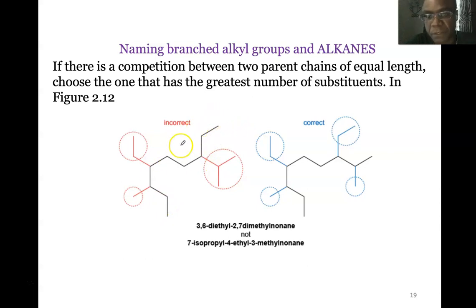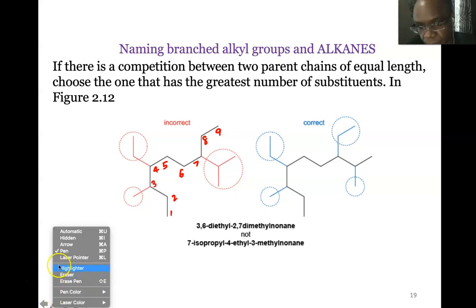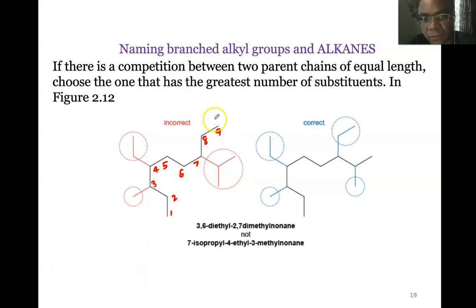So let me try and number this 1, 2, 3, 4, 5, 6, 7, 8, 9. Alternatively, you can number it from the top. 1, 2, 3, 4, 5, 6, 7, 8, and 9.